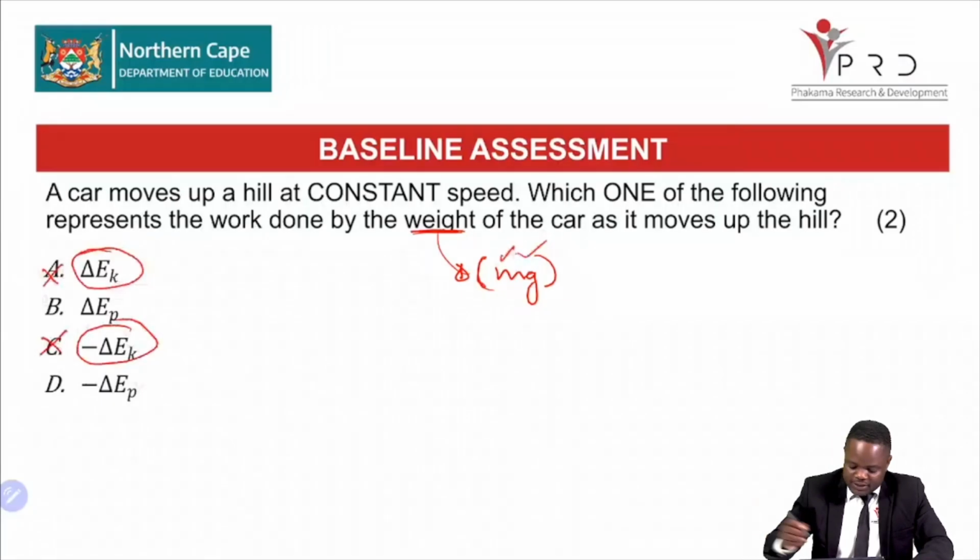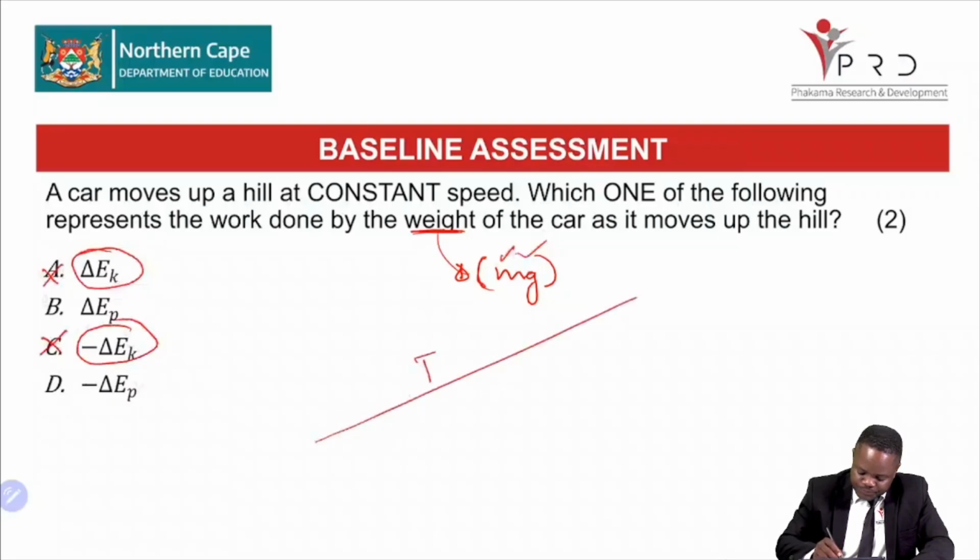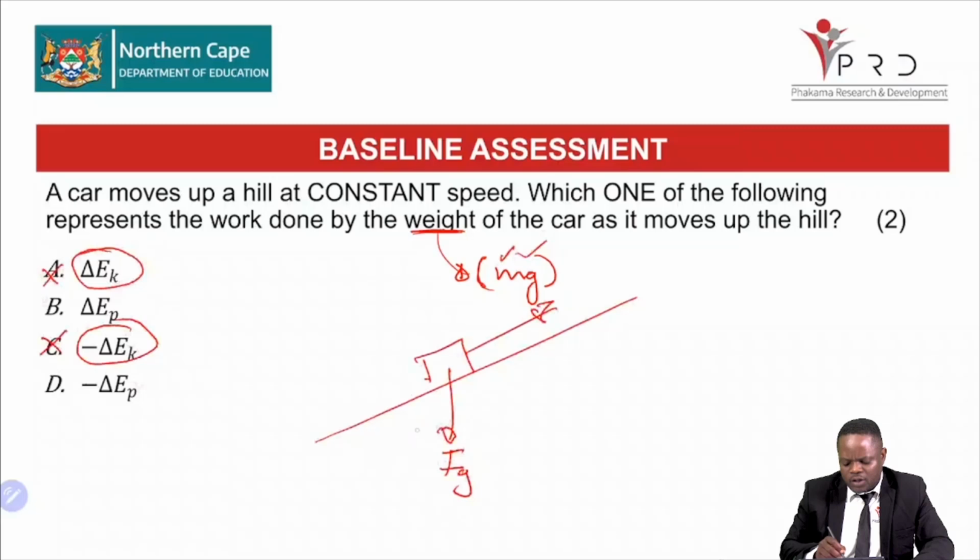You're going to realize that as the car is moving forward, it's moving upward, we have our weight acting downwards, right? And in which direction is the component of our weight parallel to the plane? It is going to be in the opposite direction to the direction of displacement of the car.